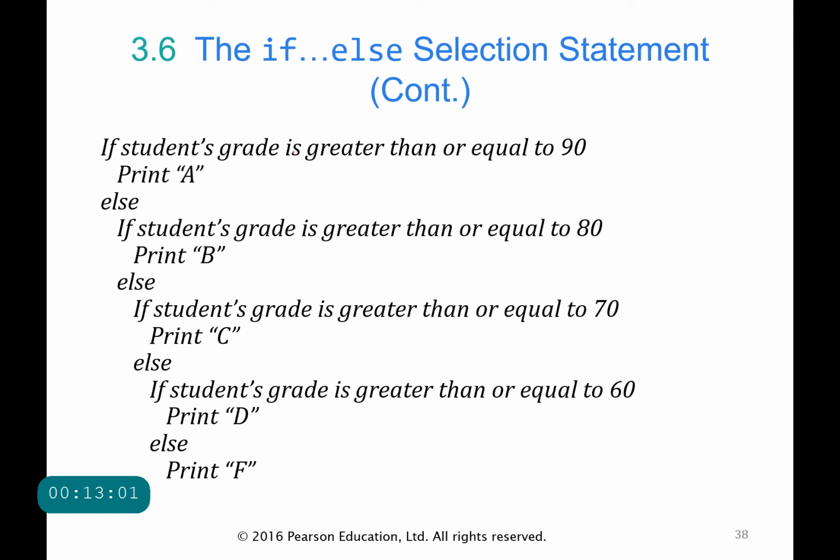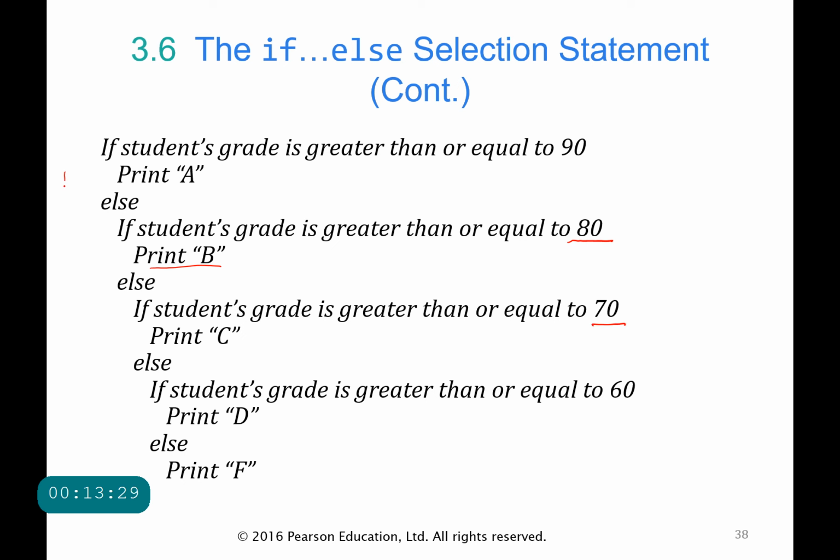So if the student's grade is greater than or equal to 90, you print A, else, so otherwise, if it's less than 90 but it's greater than or equal to 80, then you want to print B. Otherwise, if it's less than 80, then you want to print C if it's above or equal to 70.